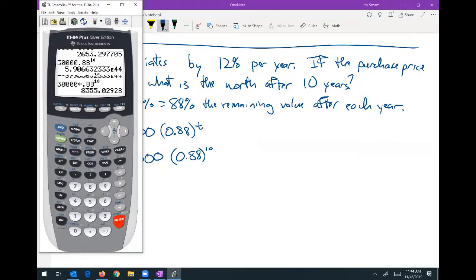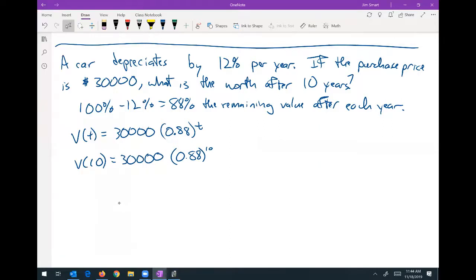That should give me a better answer. There we go. $8,355.03 if we want to be extra accurate. So the value of the car, if it depreciates at 12% per year, after 10 years will be $8,355.03.